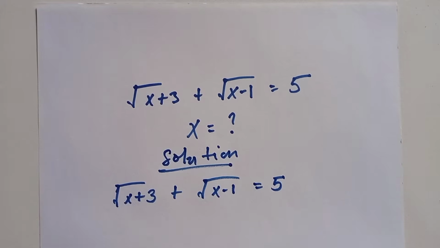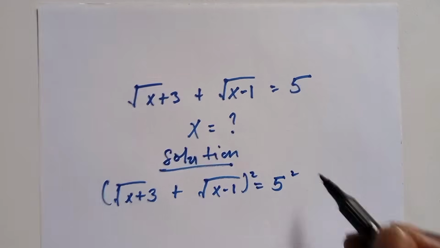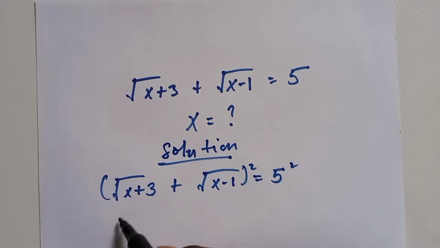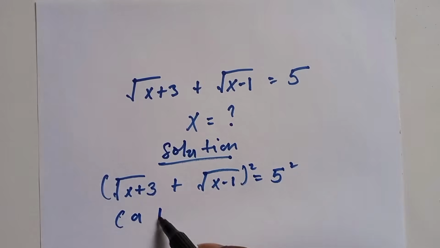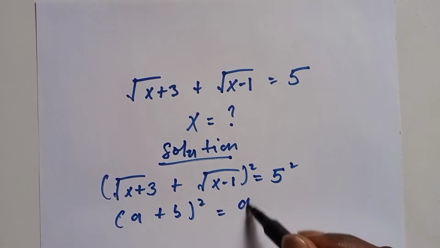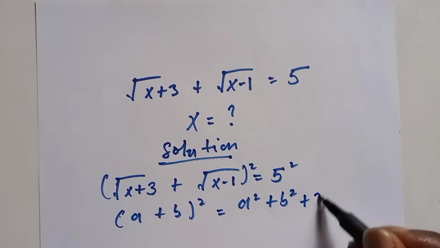From here I can square both sides. If I do that, I have that this one, root x plus 3 plus root x minus 1, is in the form of a plus b squared, which is equal to a squared plus b squared plus 2ab.